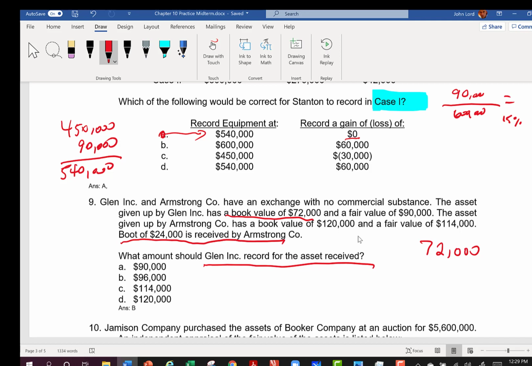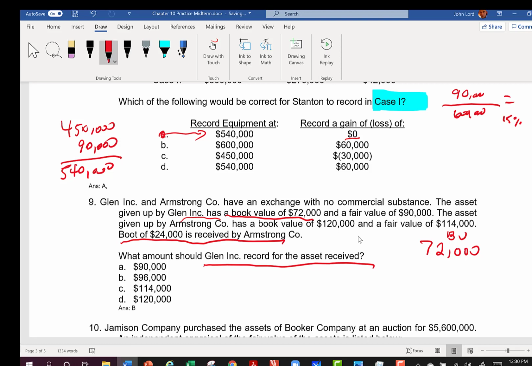So I start to look at that and think, well, that's the book value of the assets surrendered, plus any gain or minus any loss recognized. I have the book value of the equipment that Glenn gave up, $72,000, with a fair value of 90.